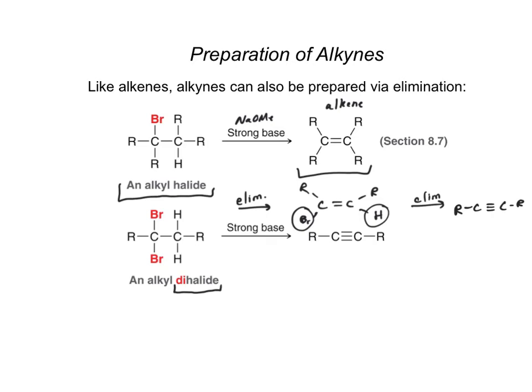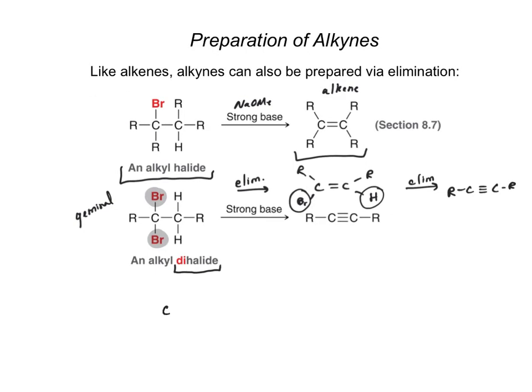So it's two elimination reactions, right? Now, as a note here, there are two different types of dihalides that we can use. The dihalide where we have the bromines on the same carbon is called a geminal dihalide. We can also have a starting material that is a vicinal dihalide.